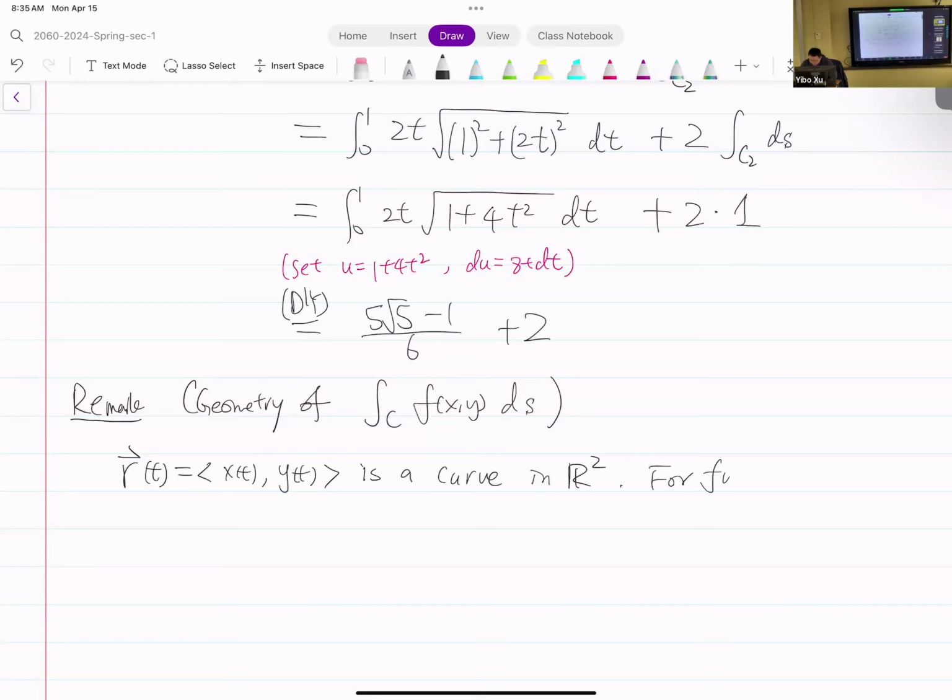For a function f of xy that is non-negative, and the curve r of t equals the vector of x of t, y of t in R2.